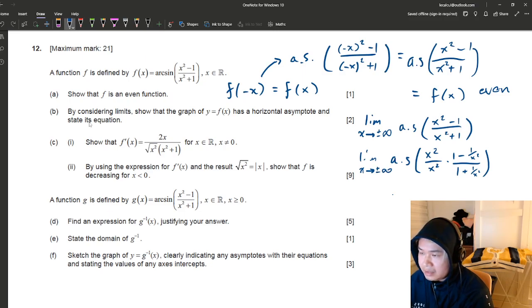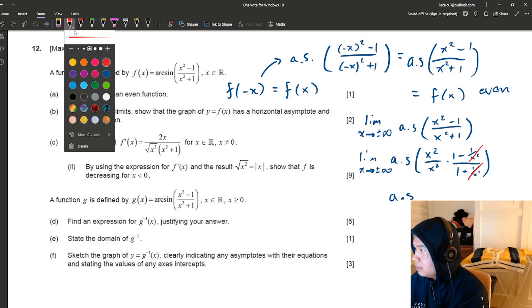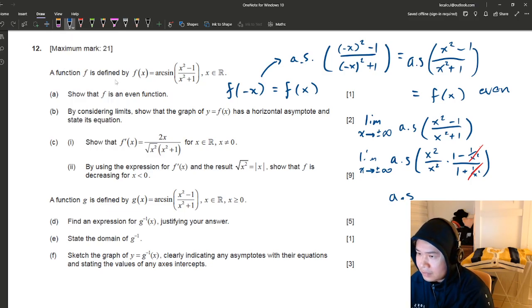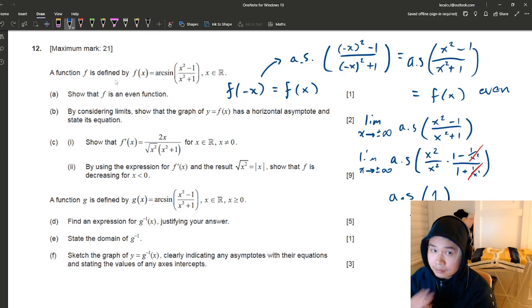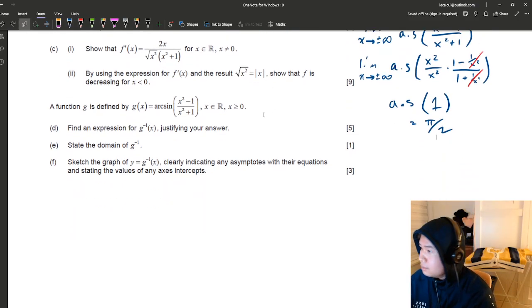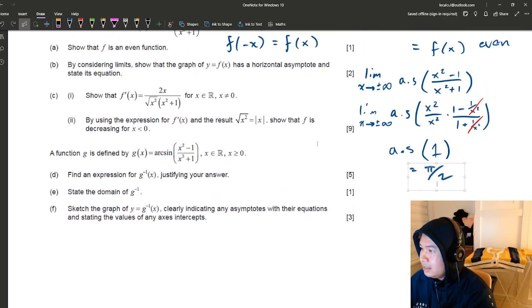Because then as we take the limit as x goes to infinity, anything that still has a division by x, so this and this, become 0, they approach 0. So this becomes the arcsine of 1, which is just 90 degrees, pi over 2. Okay, so we have a horizontal asymptote here.